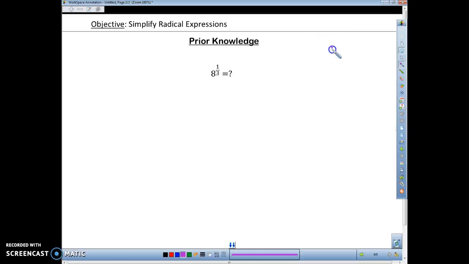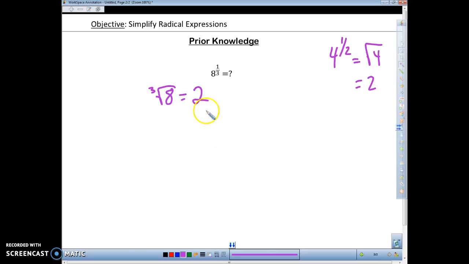It would be the same thing if I asked you what's 4 to the 1/2 power. This is just the square root of 4, which is 2. So here, 8 to the 1/3 power is asking us to take the cubic root of 8, which is 2.